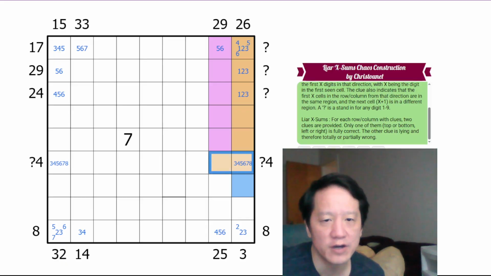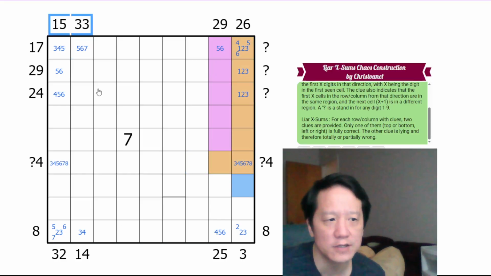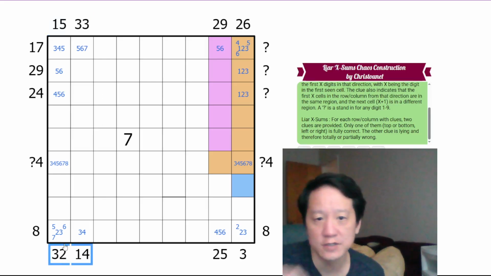This could go that way. What's interesting there, though, is we know one of these two is a liar, at least, which means one of these two is truthful, guaranteed.